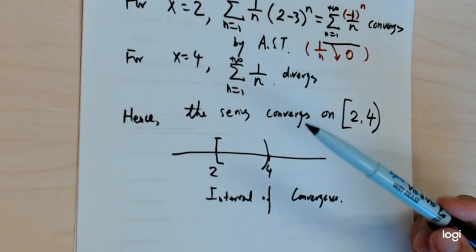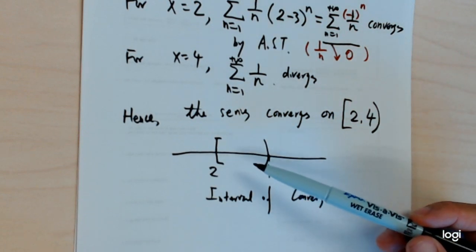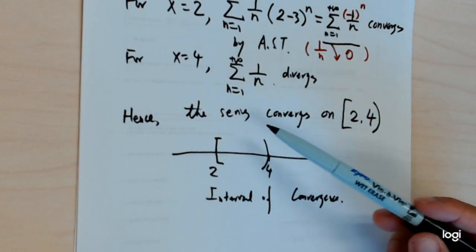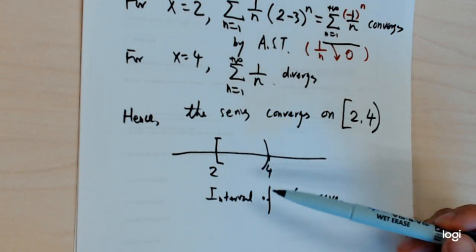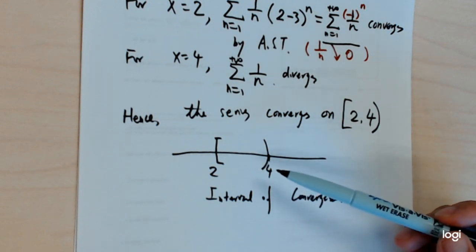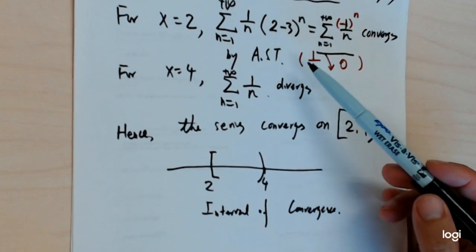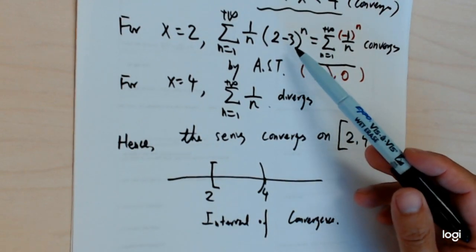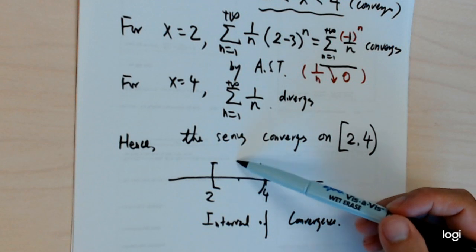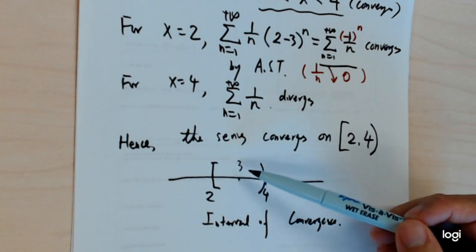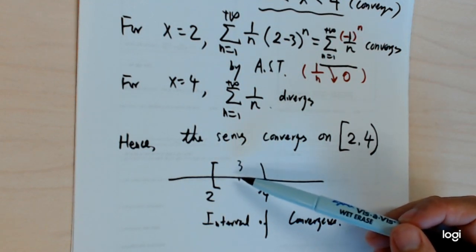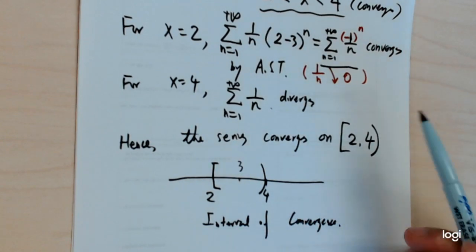So what we notice in this example is the series converges on some kind of interval, and the interval is from 2 to 4. Notice the center of the power series is 3, which happens to be right in the middle of the so-called interval of convergence.